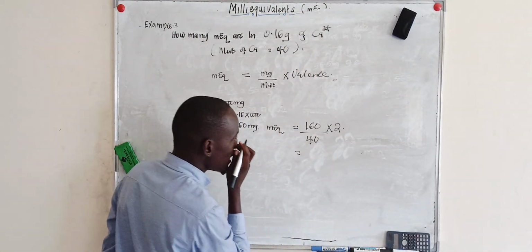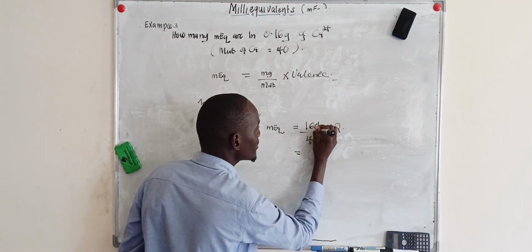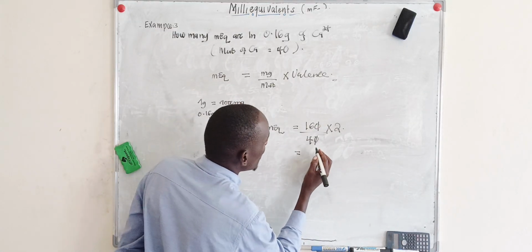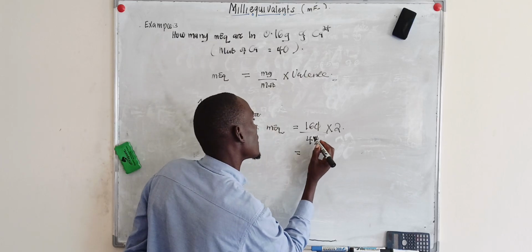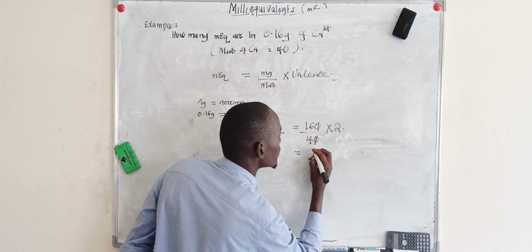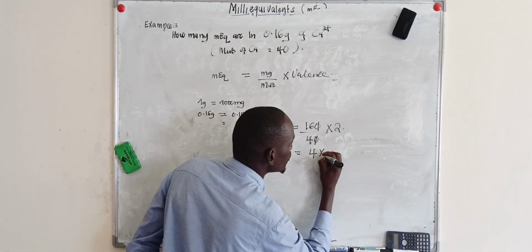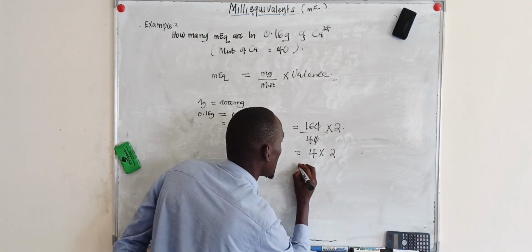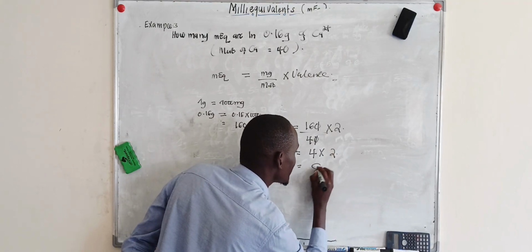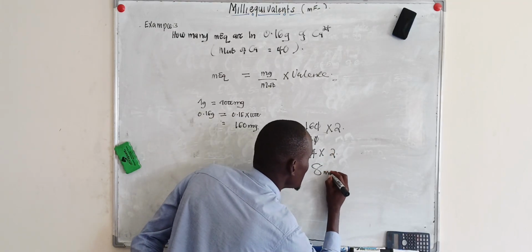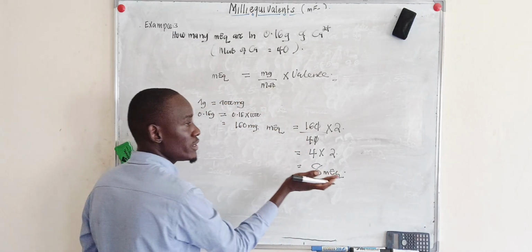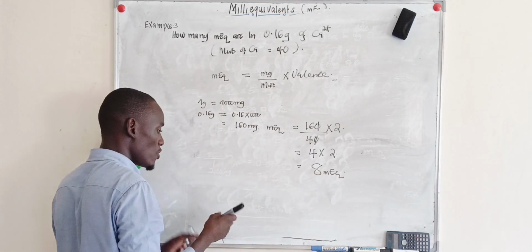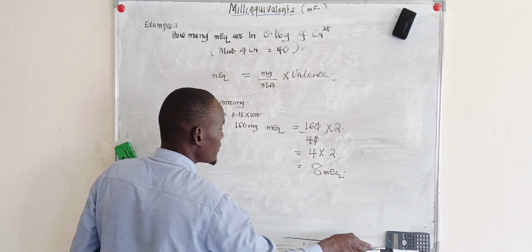So when we multiply this, we realize that this and this will cancel, and from there we shall have 4 being multiplied now by 2, and when we compute this, we shall get 8 milliequivalents of calcium. If you decide to do it from first principles, we shall still get the same answer.